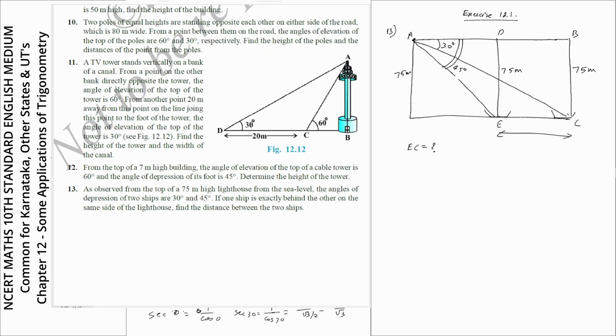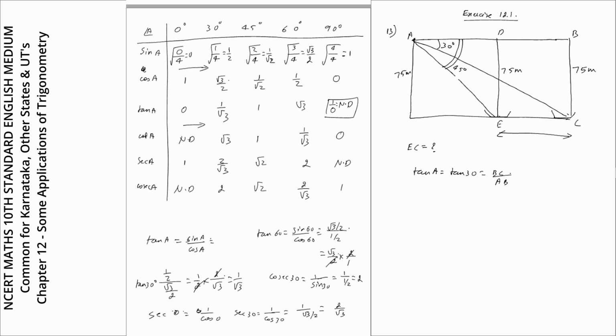Now with respect to angle A, I'll take A as 30 degrees. Tan 30 degree is opposite by adjacent. The opposite side is BC, the adjacent side is AB. What is the value of tan 30 degree? You can see in the chart, tan 30 degree is 1 by root 3.